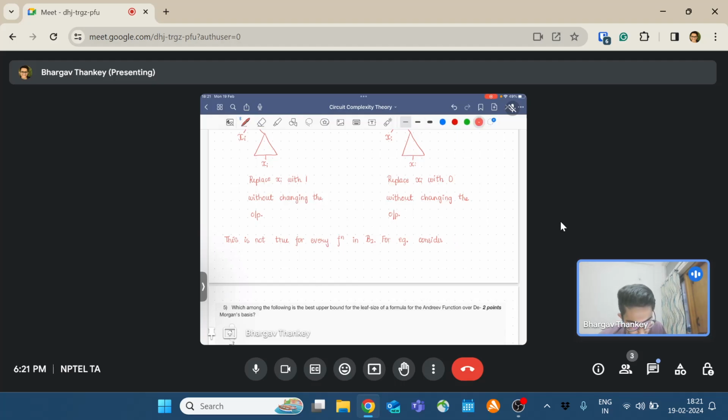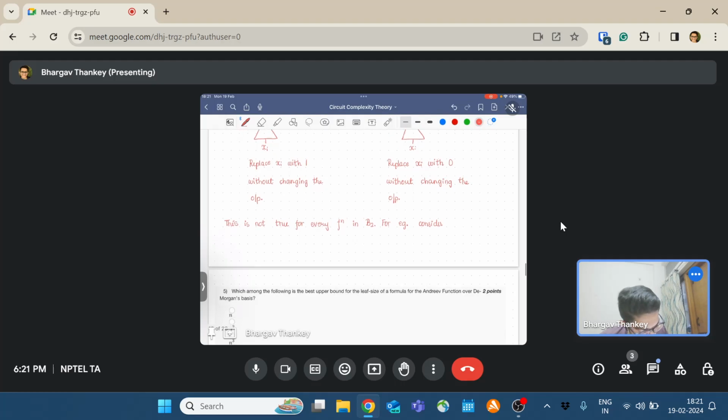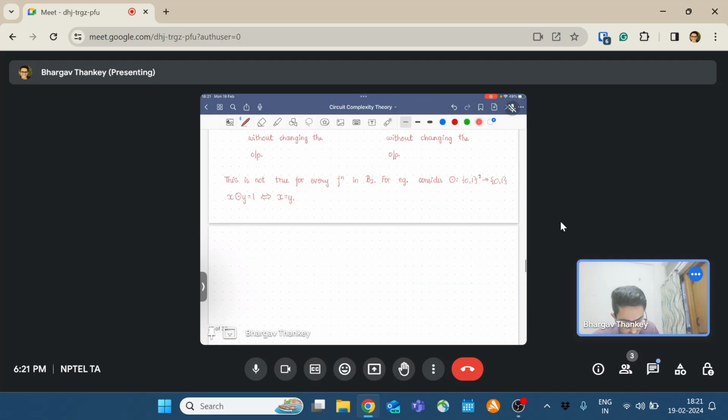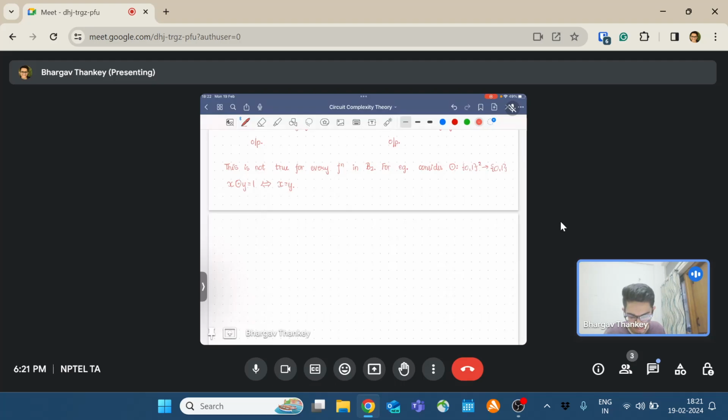Yeah, just consider the XNOR function. So we have this XNOR function, and I want to construct an example where the above fails, right? So consider this.